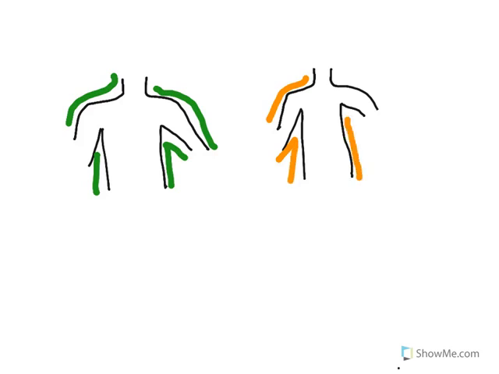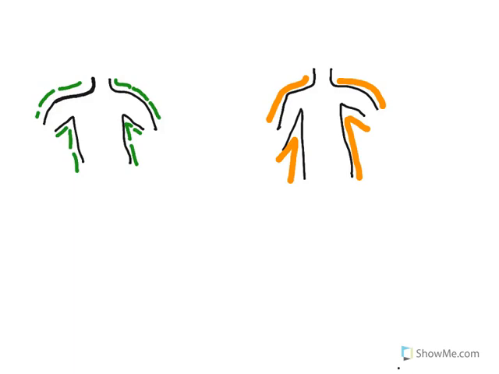Synthetic means made of nylon. And the difference between these two vests is that a cotton vest is porous. So here you can see I made pores in the cotton vest. This is the cotton vest, and the cotton vest is porous.